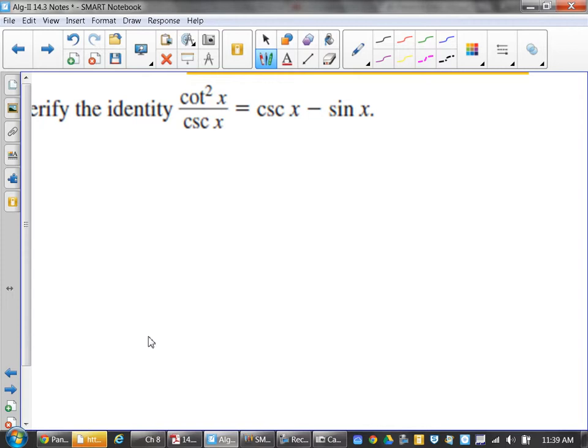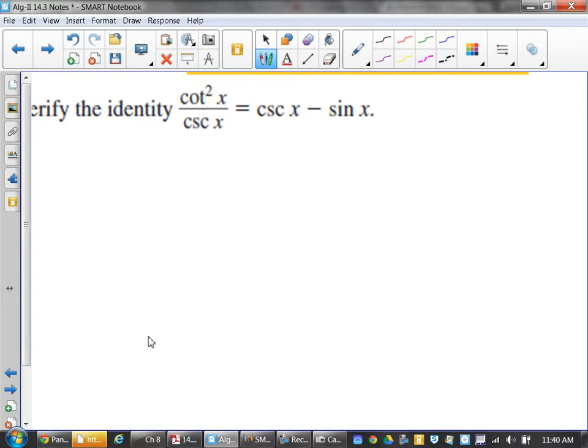Cotangent squared over cosecant. I want to show that it equals cosecant minus sine. Now, we're going to make the left side look like the right. So we can't add or stuff. Nope.